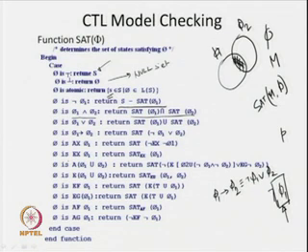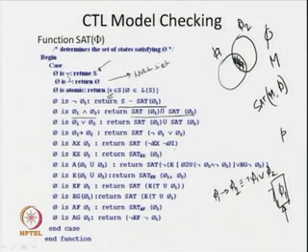Now, we know this formula that A x phi 1 is equivalent to not of E x not of phi 1. We have seen this equivalence. So, if my given formula is A x phi 1, then it will return satisfiability of not of E x not of phi 1.